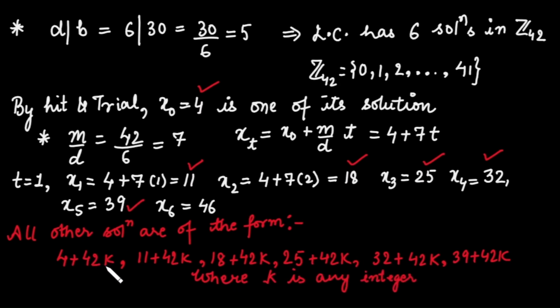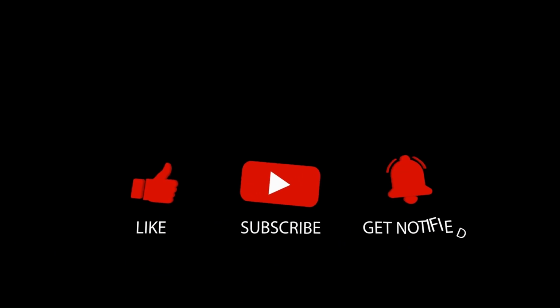Now why are we taking 42k? Because when we have 46, that can be written as 4 plus 42 into 1. If you find x7, that is equal to 51, and when you divide by 42, the remainder is 11. It means 51 can be expressed by this form. So all the integers of any of these forms are the solutions of the given linear congruence.